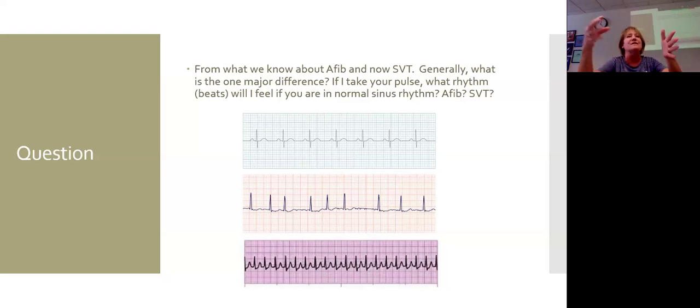You can be in a sinus rhythm and then have a premature beat that will make it feel irregular, but that's not life-threatening. But we don't know that if we're just feeling and listening, so we get our little cardia out and do a little EKG to see if it looks like AFib or whatever it is. It gives us a little bit more information.